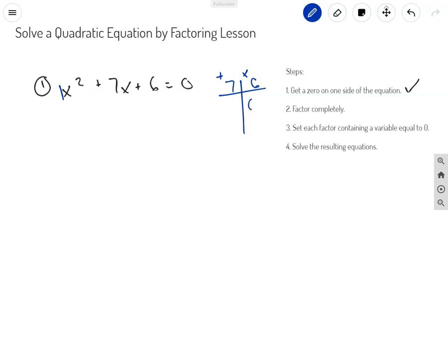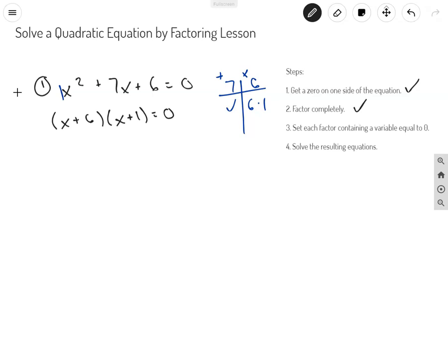The numbers I'm getting are 6 times 1. 6 times 1 is 6. 6 plus 1 is 7. So when I factor completely, I'm going to say x plus 6 times x plus 1 equals 0. Step 2 is done.